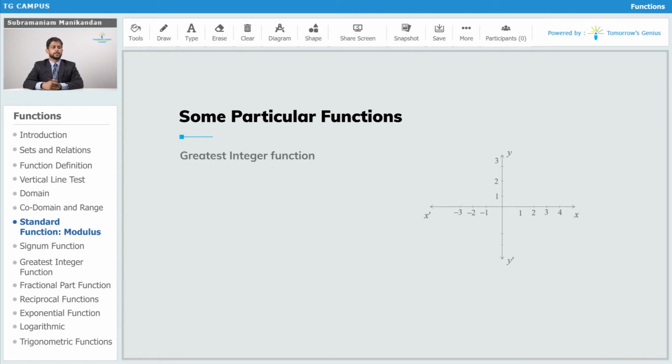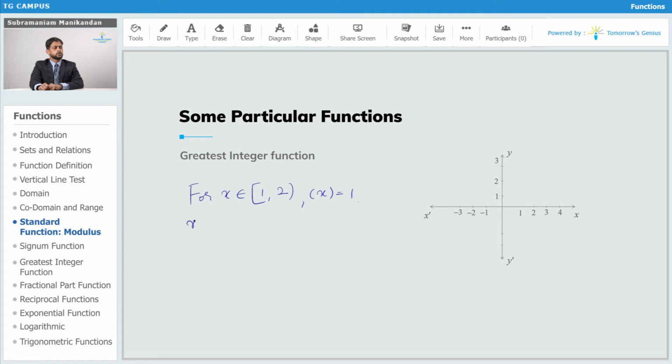So the graph of the greatest integer function looks like this. Why? Because for all real values of x between any two integers, it is always the constant value which is equal to the lower limit of that interval. For example, for all values between 1 to 2, box x equals 1.